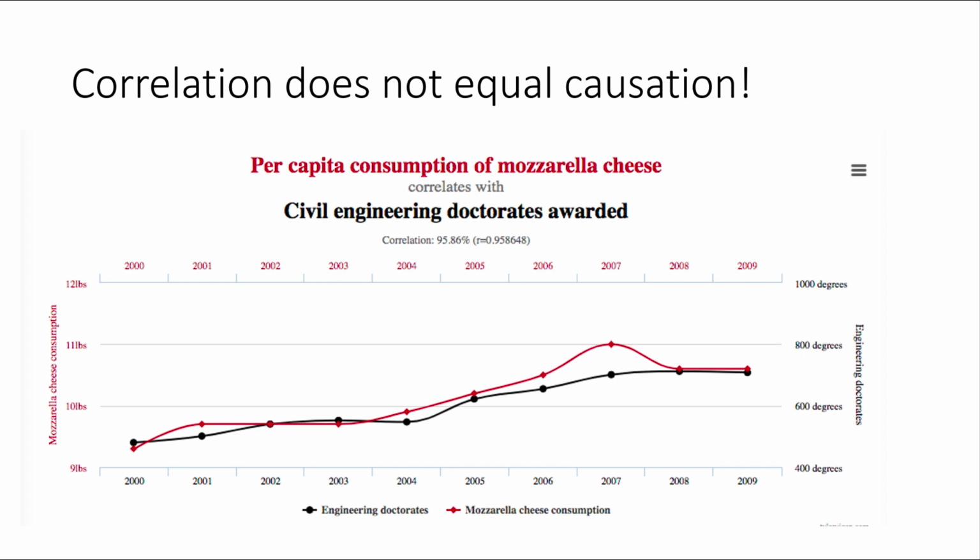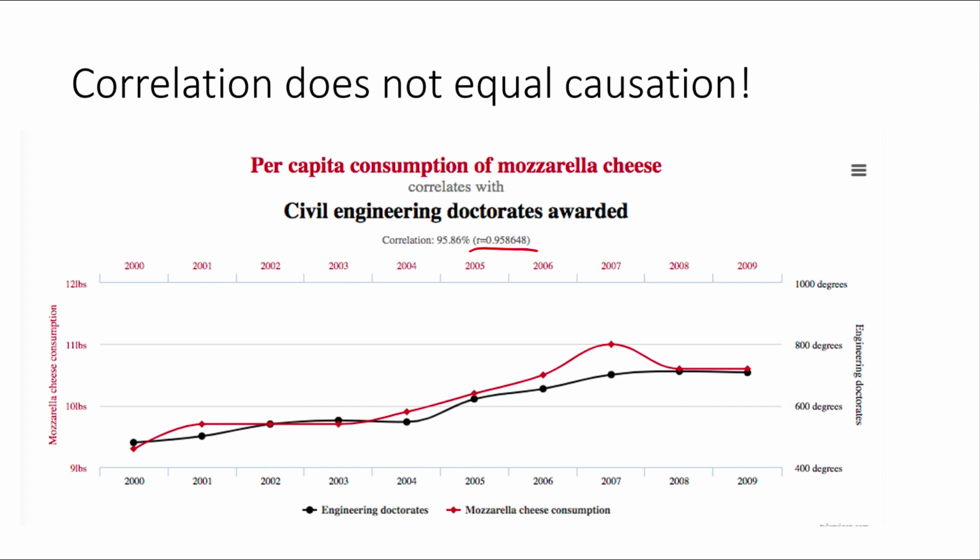The correlation here is R equals 0.958648, so almost a perfect correlation between number of civil engineering doctorates awarded and the per capita consumption of mozzarella cheese. So, do we think that people eat more cheese because more civil engineering doctorates are awarded, or vice versa?